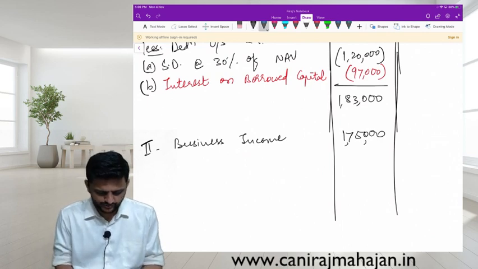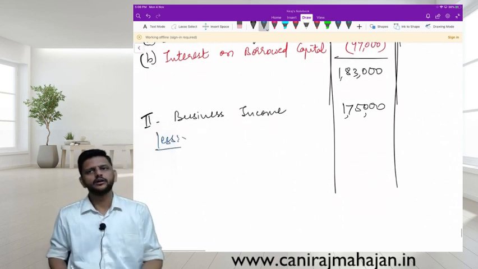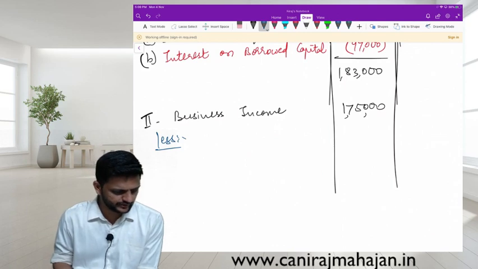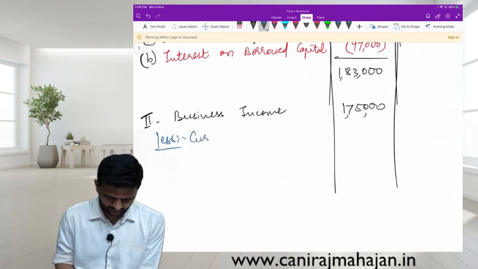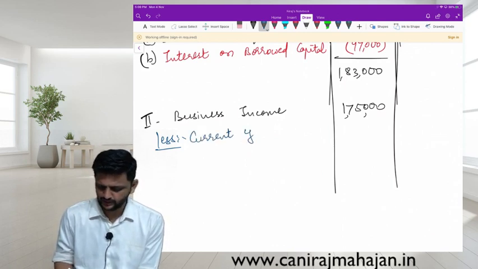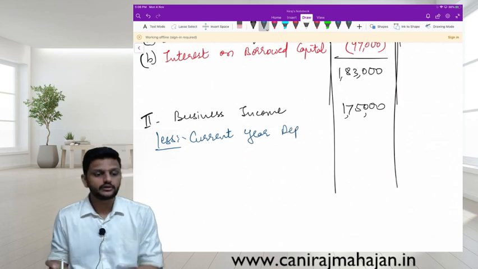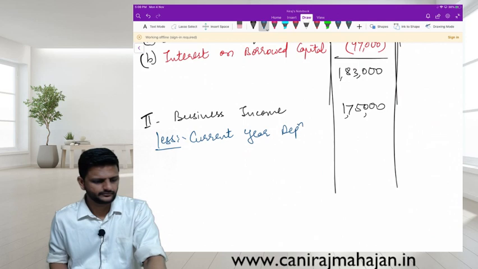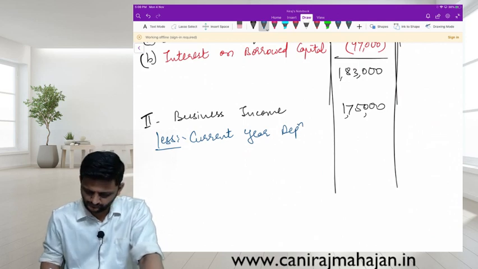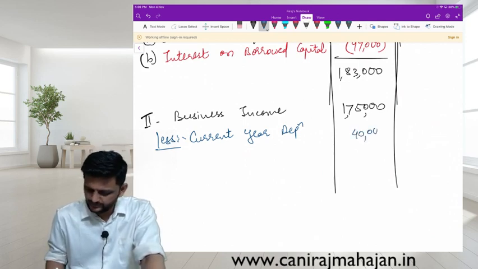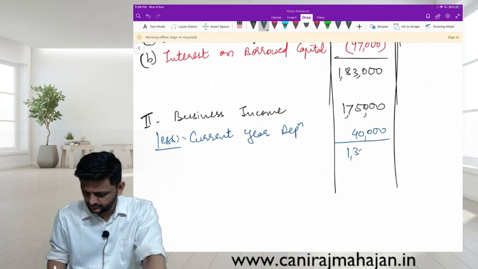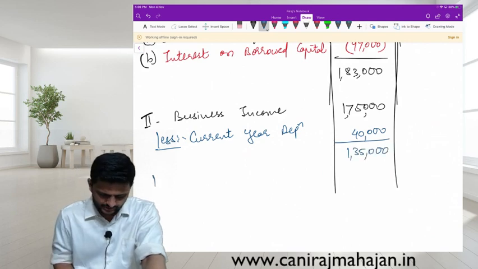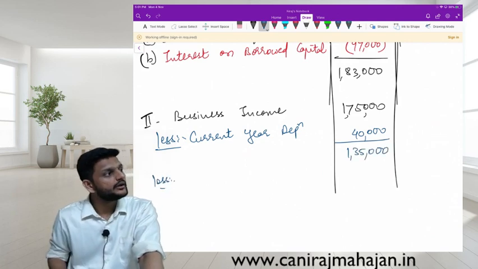Less first what? This is very important. Current year depreciation. Very good. How much? 40,000? Yes. Balance 35? Correct, no? Now watch. Check the priority of set-off.